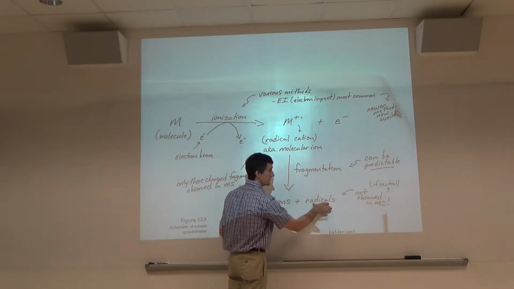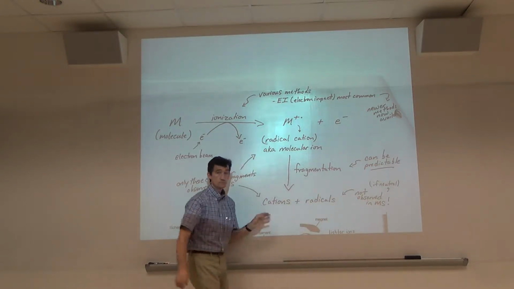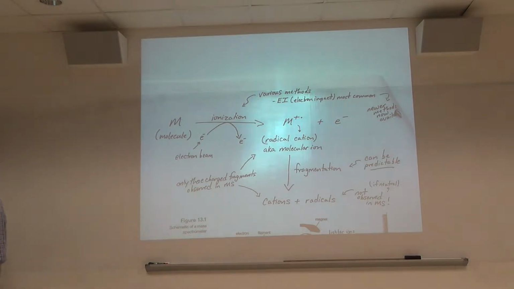Neutral radicals are not observed. You only observe charged species. Fragmentation is often predictable, and we'll learn how to predict. Based on what we predict, we can interpret a spectrum. Just like when we do IR, we know how to predict peaks from structure.